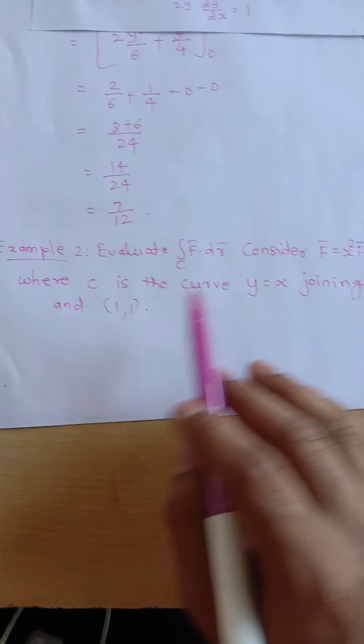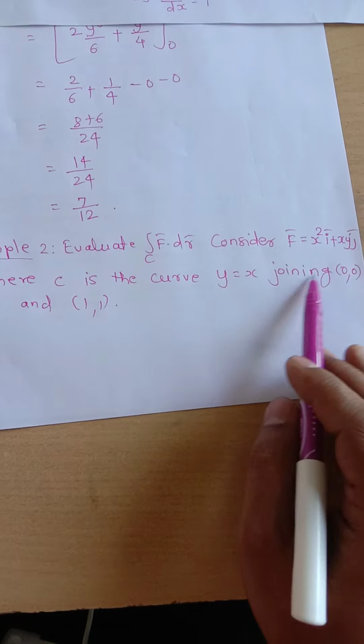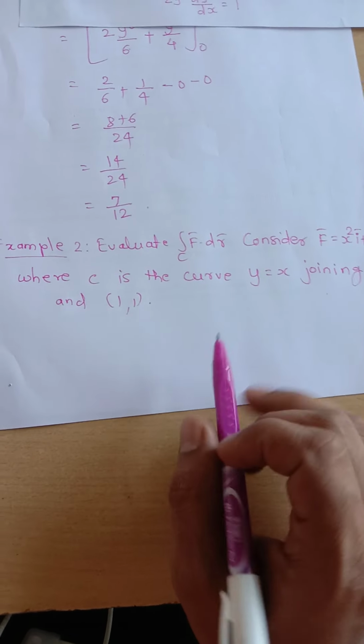Now in this example the curve is different, that is the curve is y is equal to x joining the points 0, 0 and 1, 1.